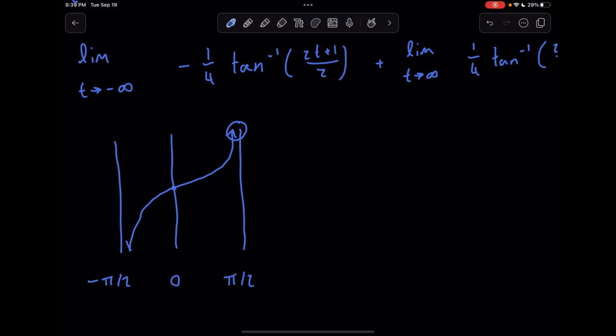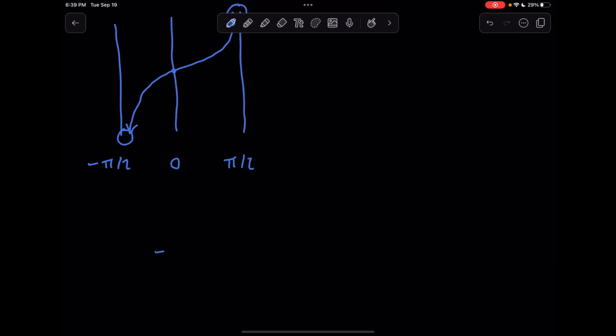And as it approaches negative infinity, the value approaches negative pi over 2. Since t in this case is negative infinity, this is asking where it approaches negative infinity, which is just at negative pi over 2. So we can say that's negative 1/4 times negative pi over 2.